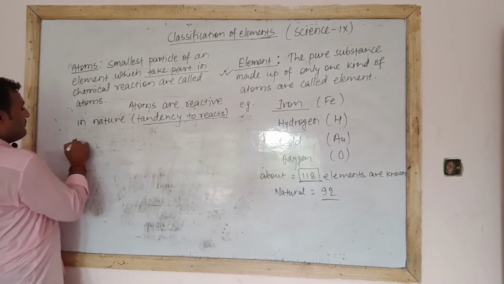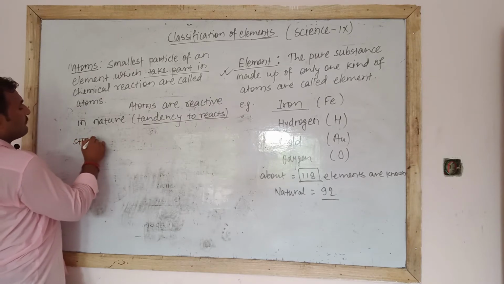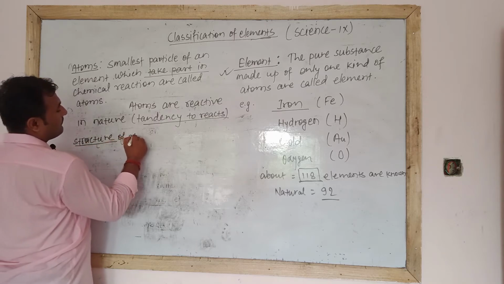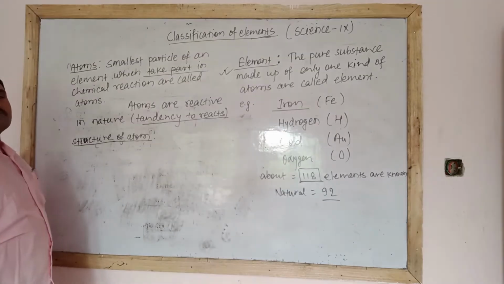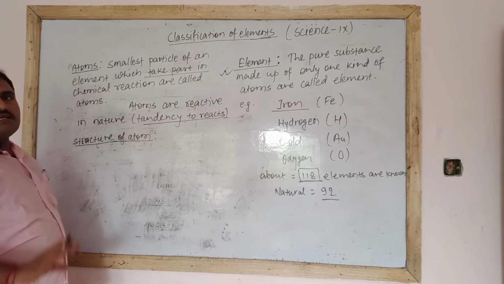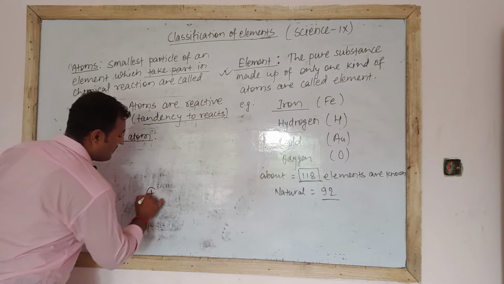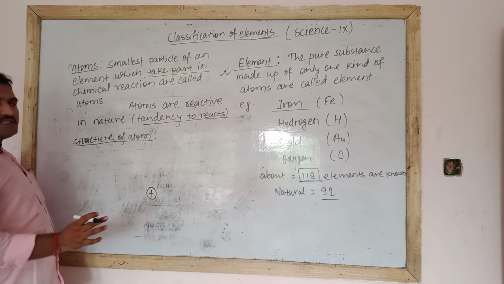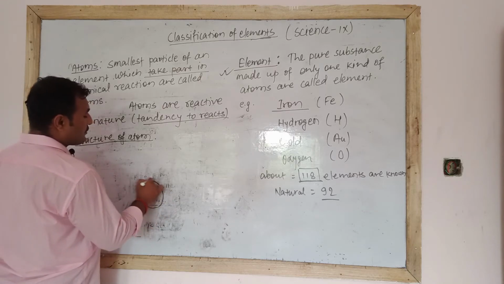Before that, we should know about the structure of atoms. Atoms are considered spherical in shape. At the central part a dense nucleus of heavy mass is present, and around the nucleus there are several circular paths.